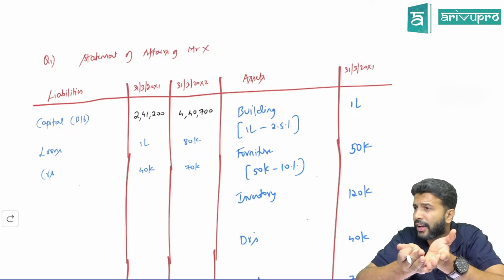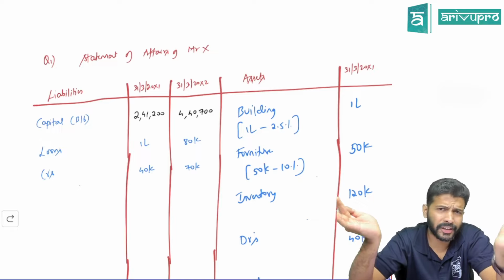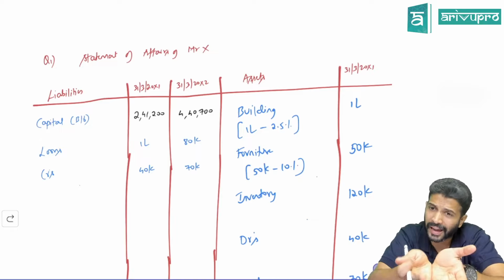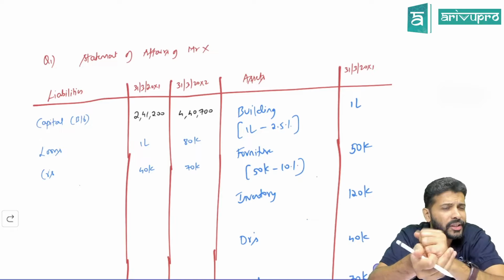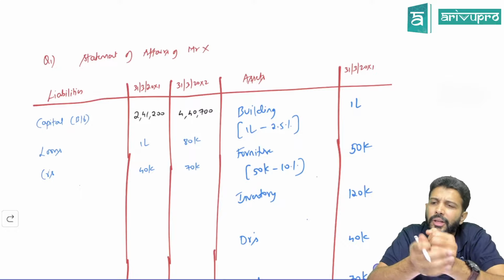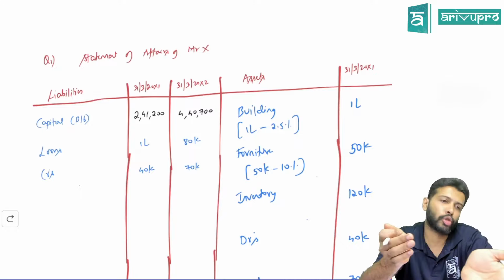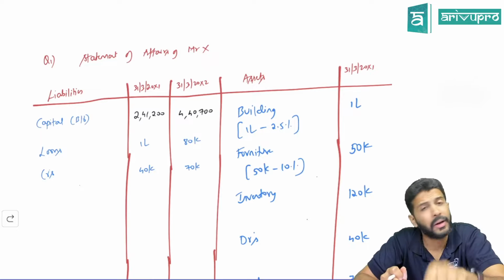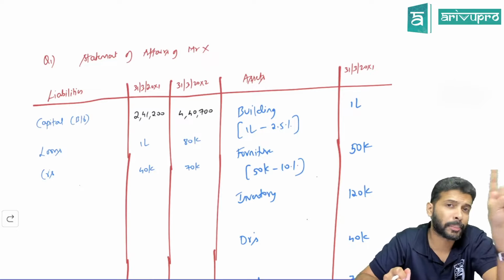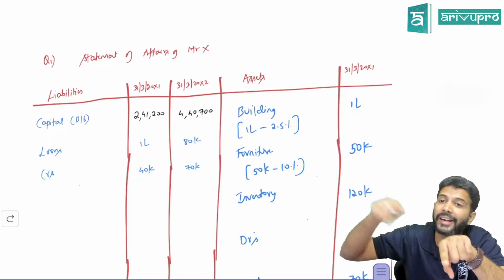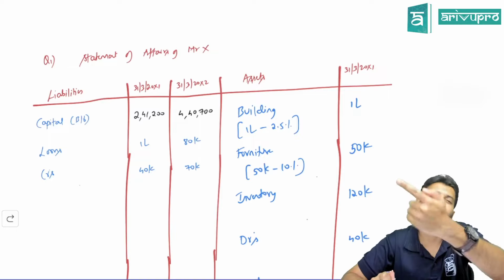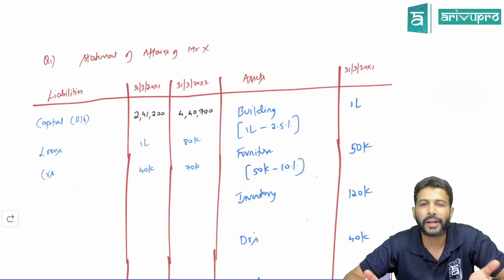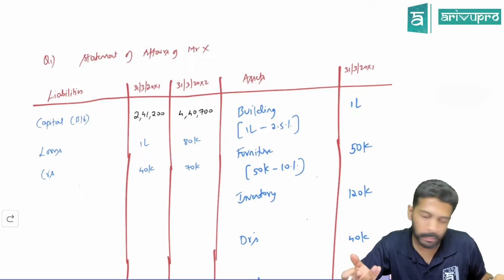In the capital account, if no other component is there, the capital ledger should match. If it doesn't match, the balancing figure is nothing but the profit made by the sole proprietor. Because in the case of a sole proprietor and partnership firm, profit made will not be separately shown in the balance sheet, but rather it will be added to the capital account. So simply prepare the capital account and get the profit as a balancing figure.